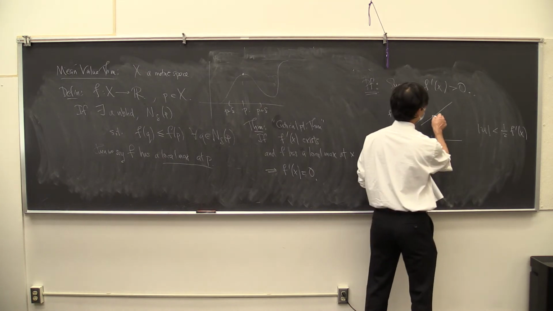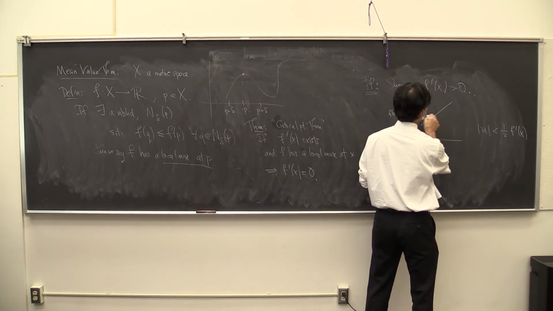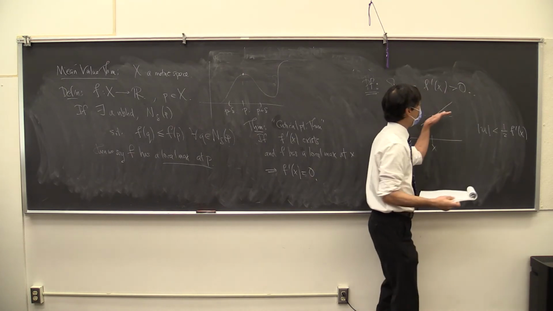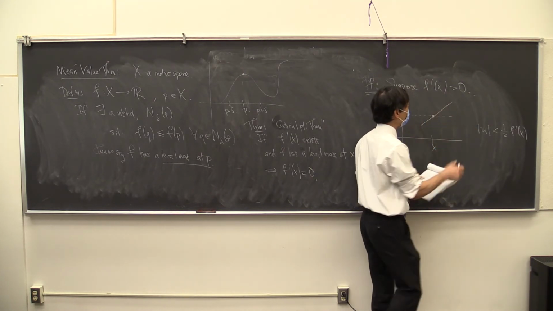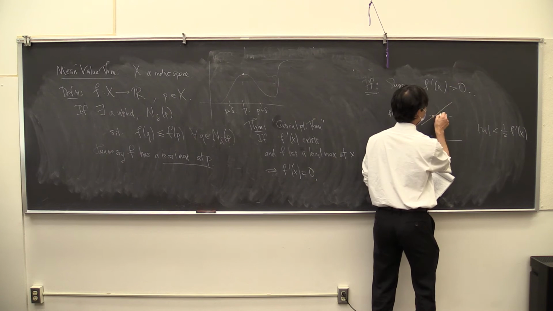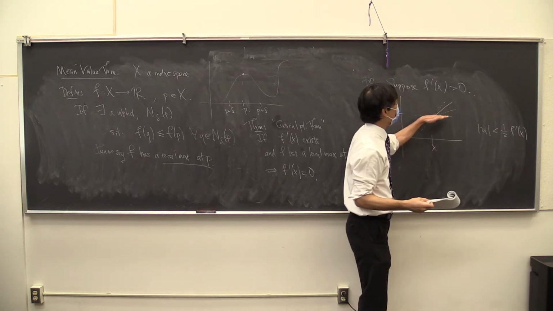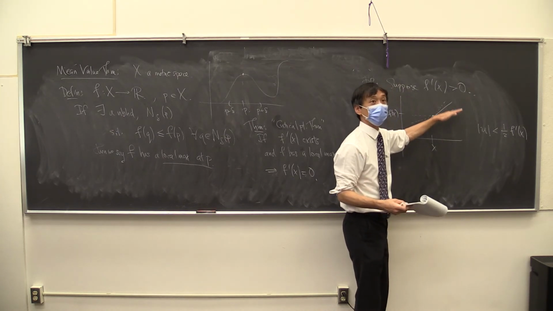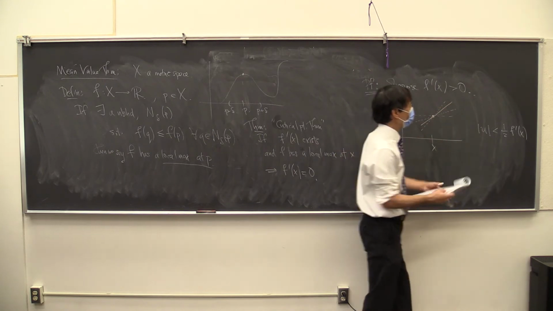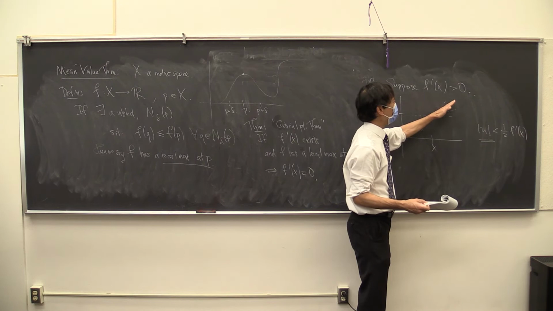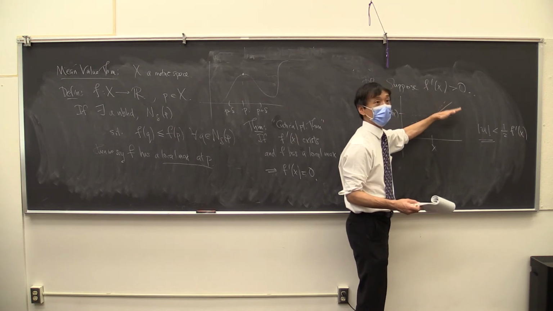Pictorially you say, well, I can get close enough that I can trap this function between two functions where the slope of the lower one is still positive. My slope is not going to get to 0.